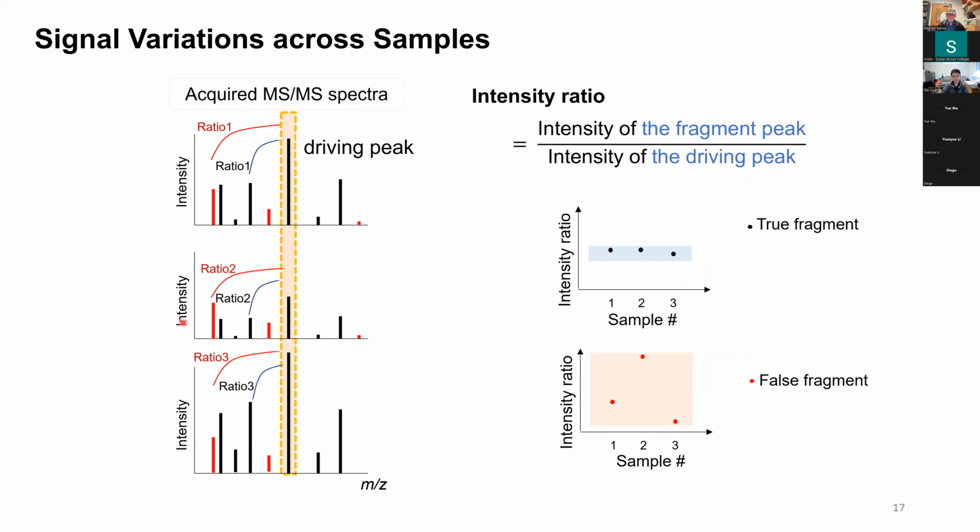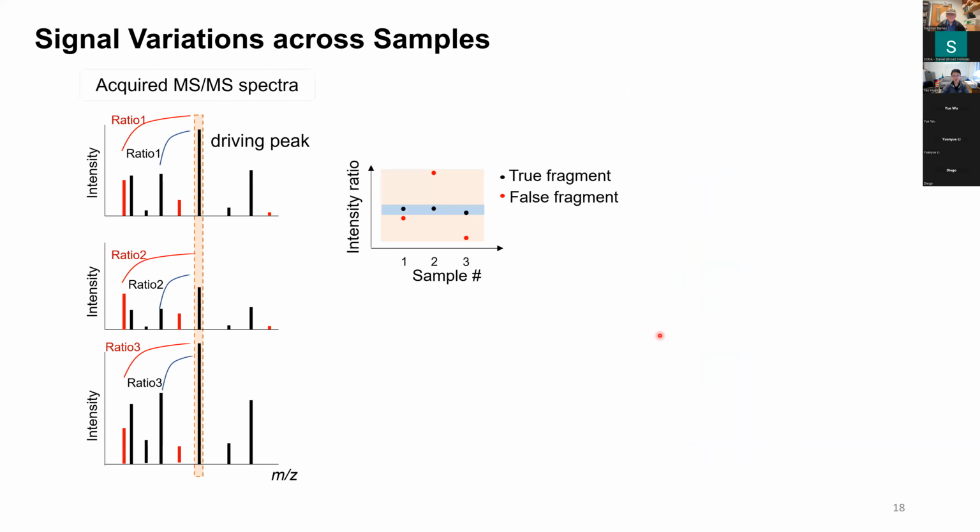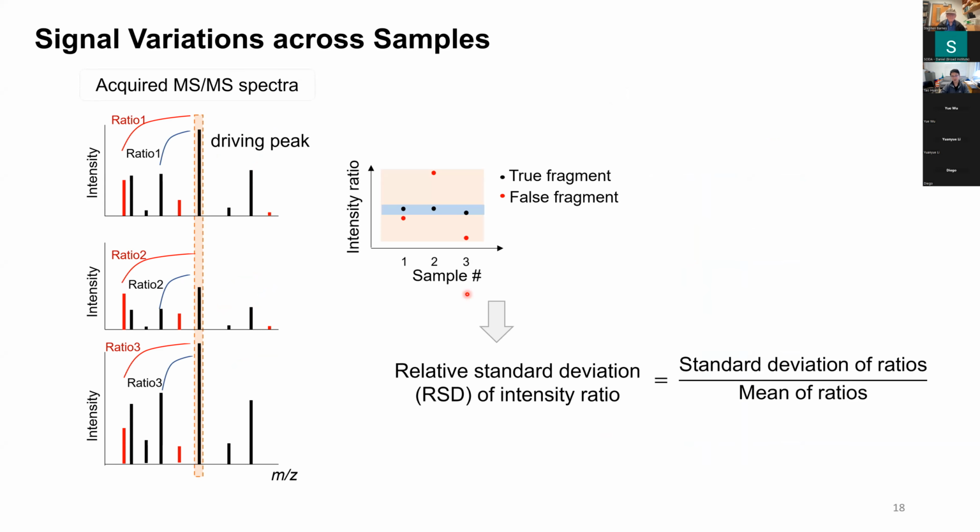On the other side, for the contamination fragment ions, because they are independent of this driving peak, their ratio will fluctuate a lot. Then all we need to do is capture this signal ratio fluctuation, and from there we'll be able to tell whether a fragment is a true fragment or false fragment.